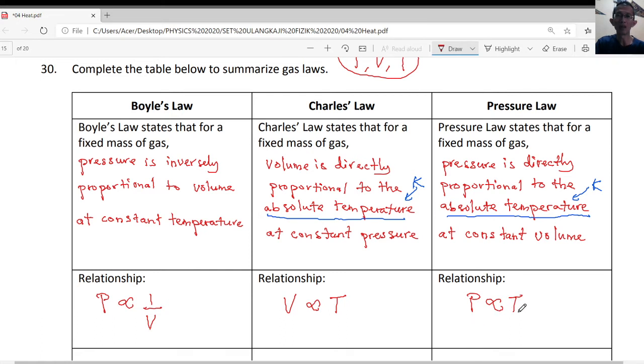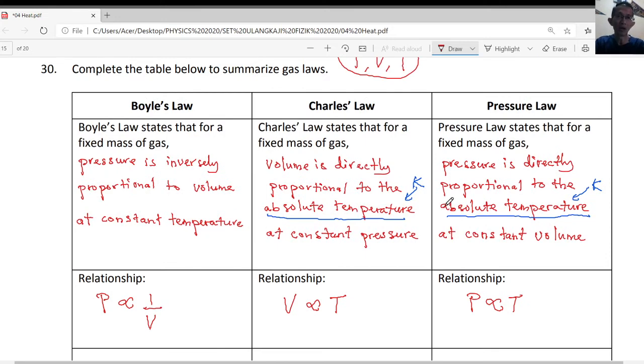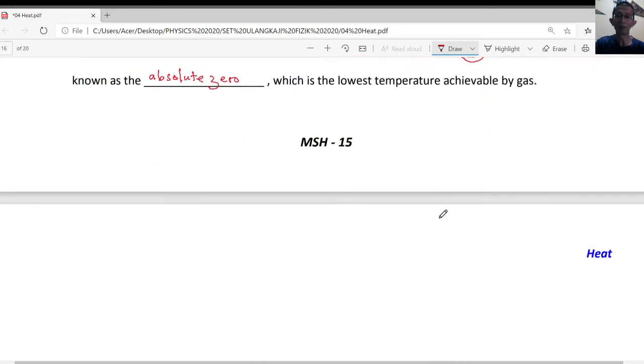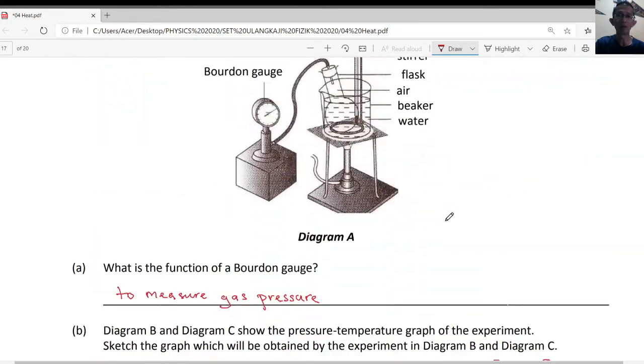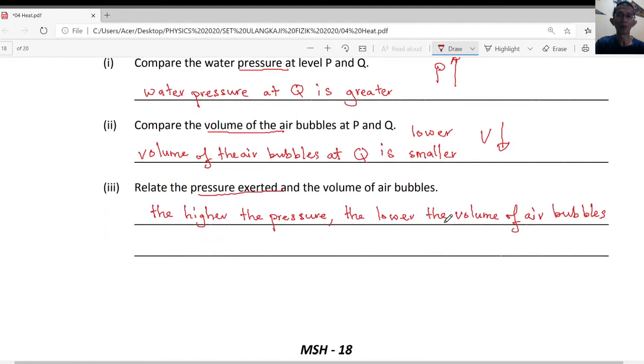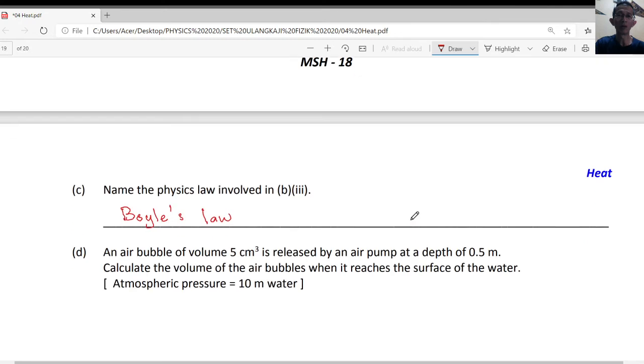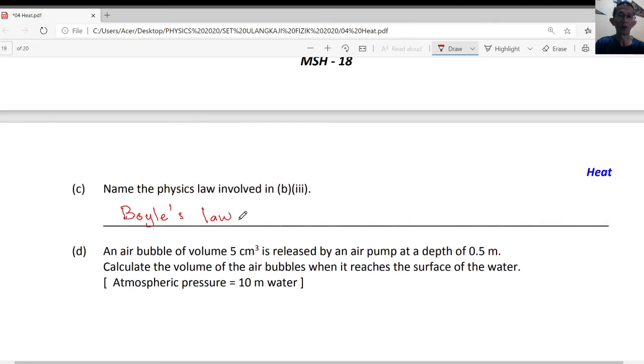And then pressure and temperature, that will be our pressure law. So for the question just now, we have pressure and also volume, right? See here, pressure and volume. So that is our Boyle's law.